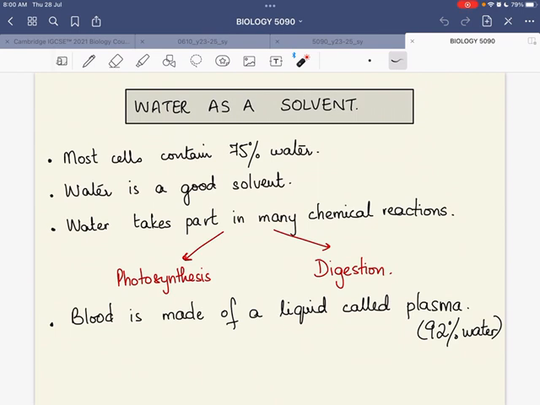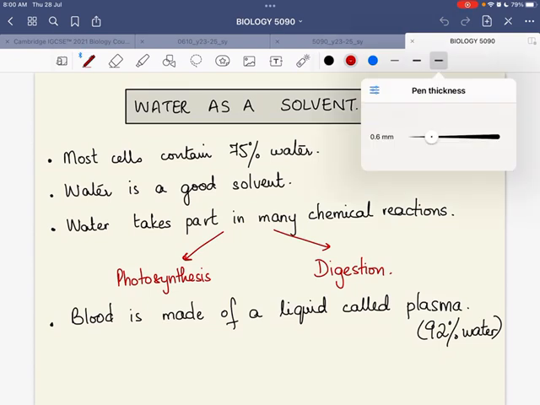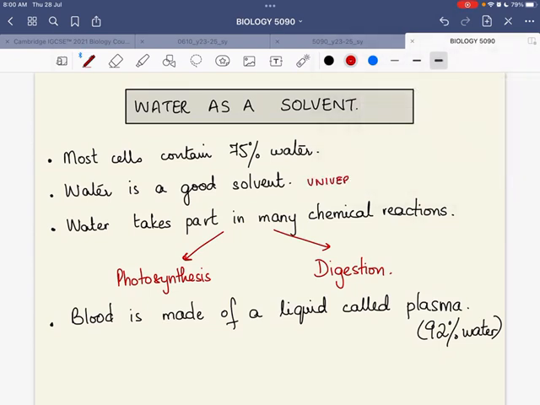In fact, in many textbooks, it is mentioned that water is a universal solvent, which means that it can dissolve most of the chemical substances available in nature like sugar, salt, and various other substances. Because it's a good solvent, water can take part in many essential chemical reactions inside our body.